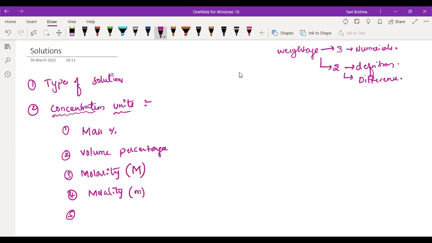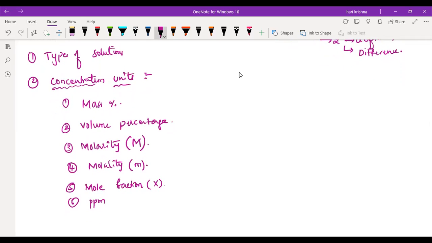Fifth one, mole fraction, that is X. The sixth one is ppm. And the seventh one, you have the normality, that is N. So these are the 7 different concentration units: mass percentage, volume percentage, molarity, molality, mole fraction, ppm, normality.